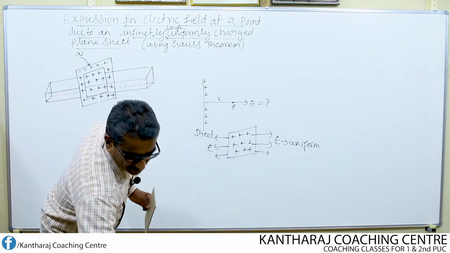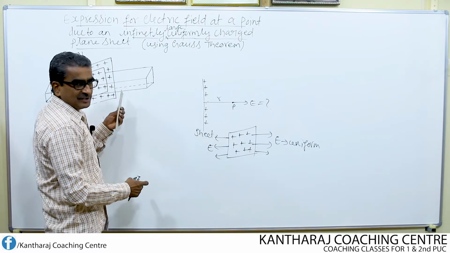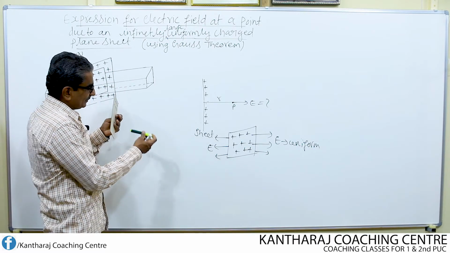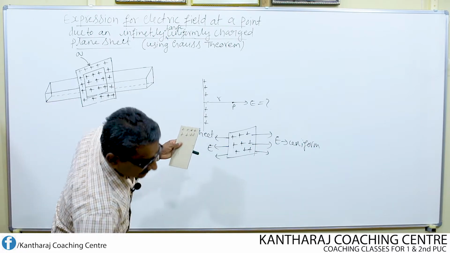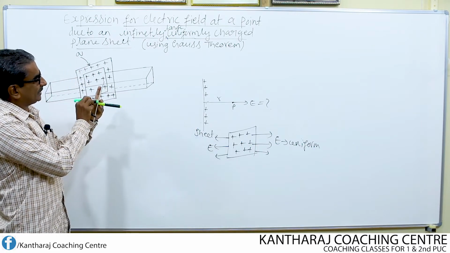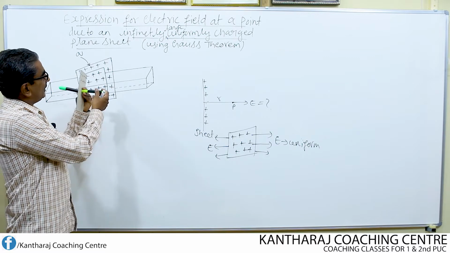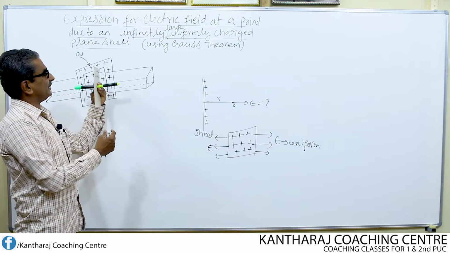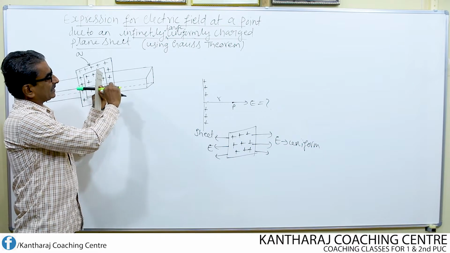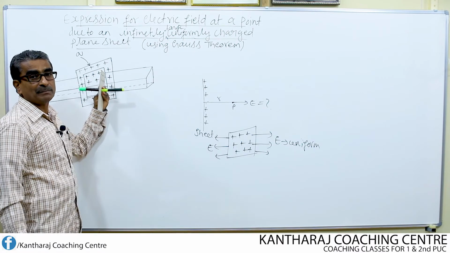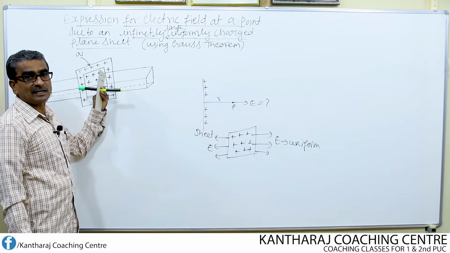That means, suppose if this is the sheet, now I imagine this like this and also like this. Look here, this is what you can see from the figure. This is nothing but a rectangular shaped parallel piped. Why is it called a parallel piped?